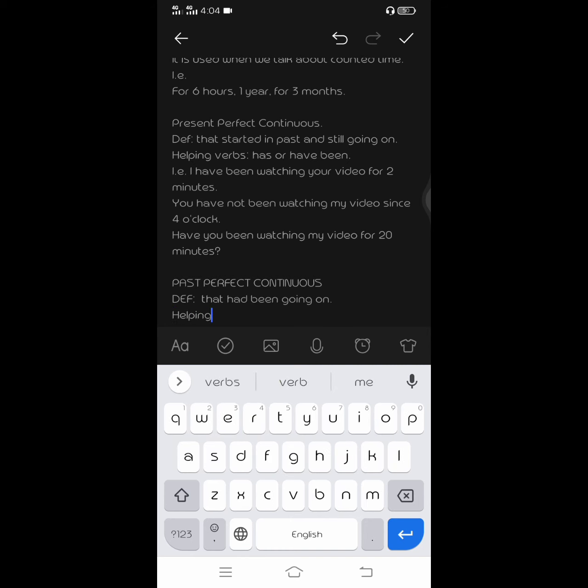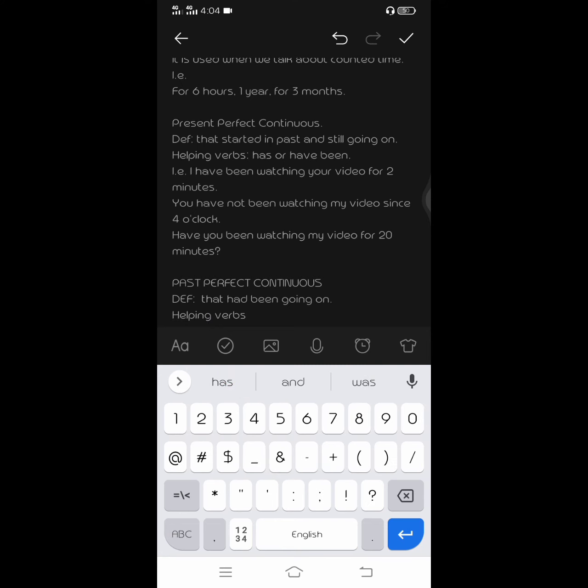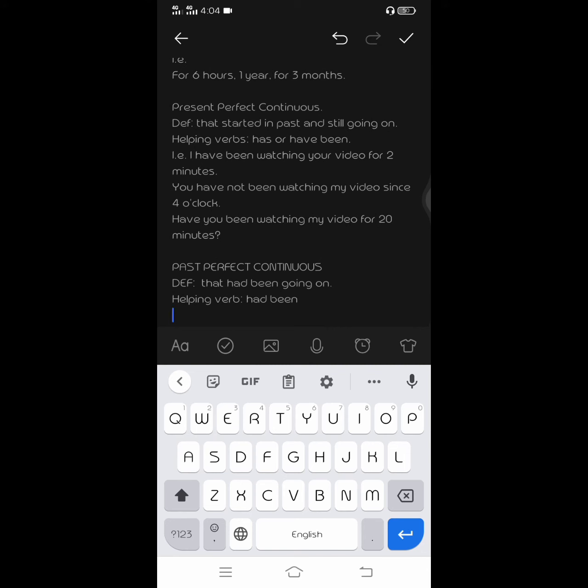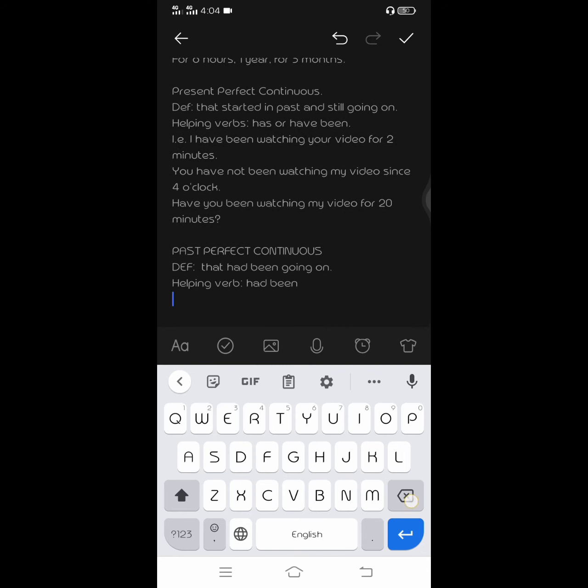So the helping verb is had been. Now, what form are we going to use of the verb with it? Yes, हम कौन सी form इसमें use करेंगे verb की? Since we all know with all continuous tenses we use the verb's ing form, we are going to use the verb's ing form with it as well.